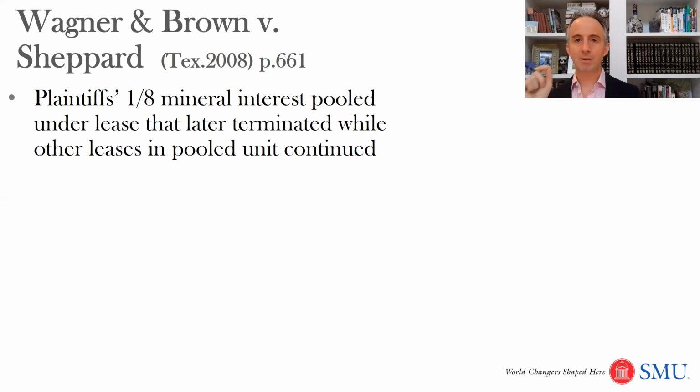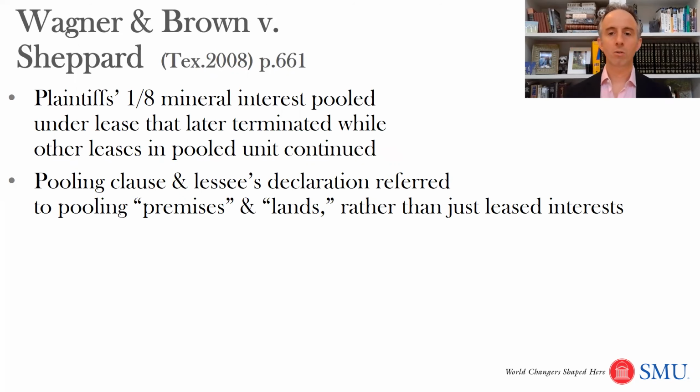Royalties were not paid in a timely fashion, the lease terminates, but the other leases in this pooled unit continued. And there are actual wells on the land that the plaintiffs had a 1/8 mineral interest in.